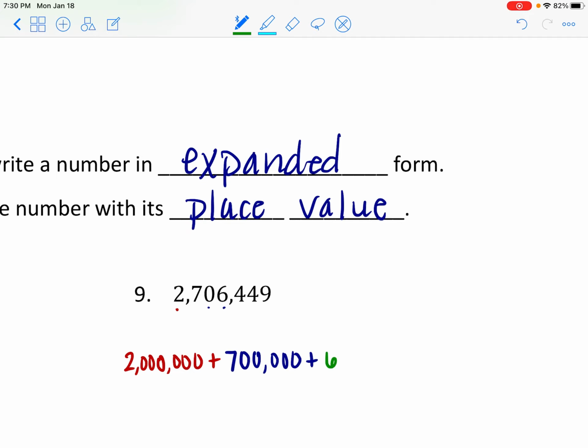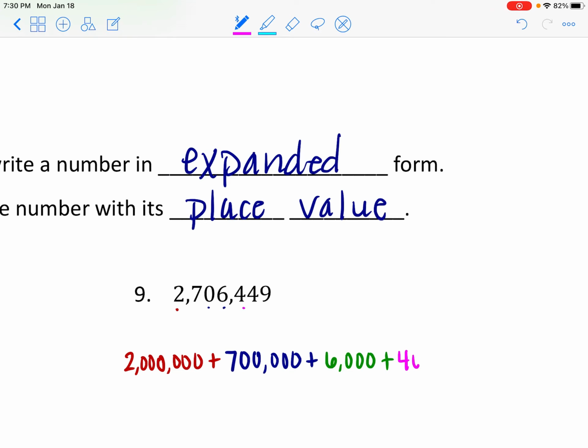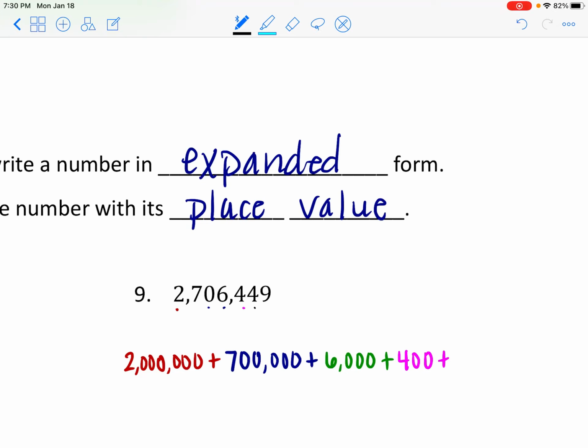So 6,000, plus we have 4 in the hundreds place, plus we got another 4 in the tens place, so 4 tens makes 40. And then lastly, we've got a 9 in the ones place, and that would be the expanded form of that. Again, if you add all those up, you're going to get back to the standard form of that number.